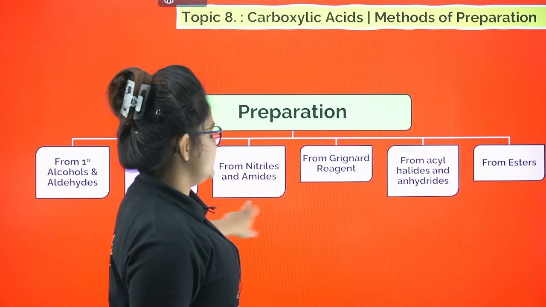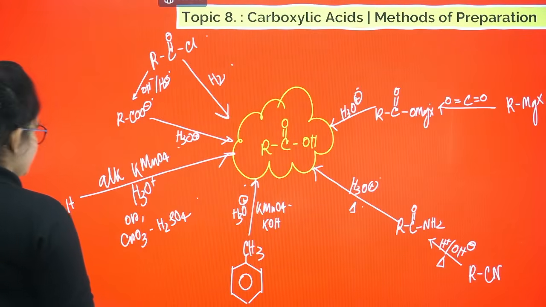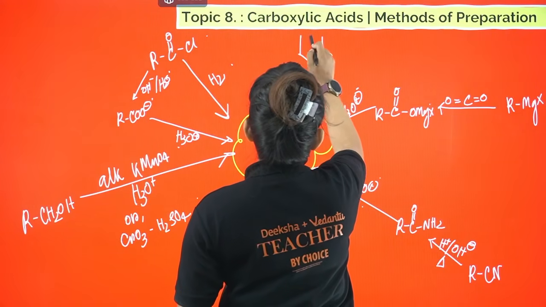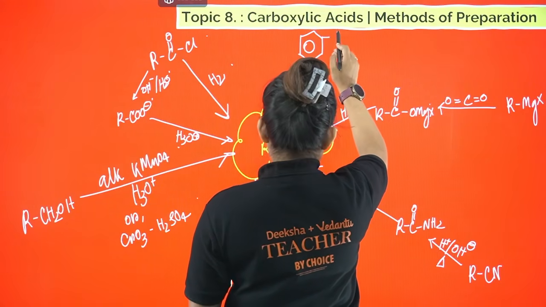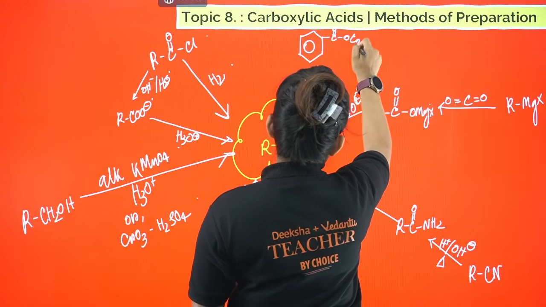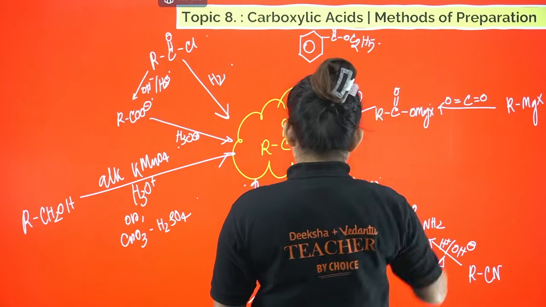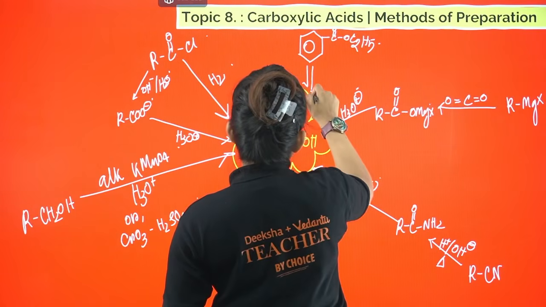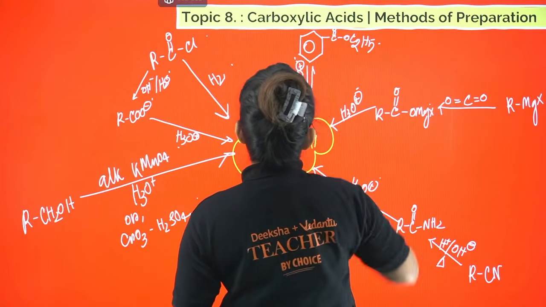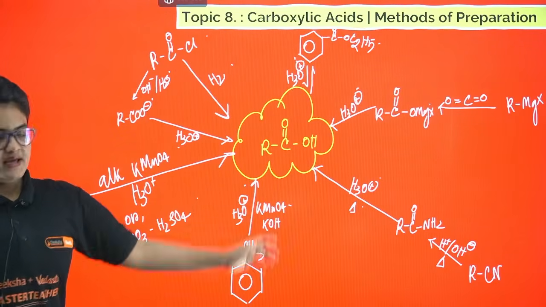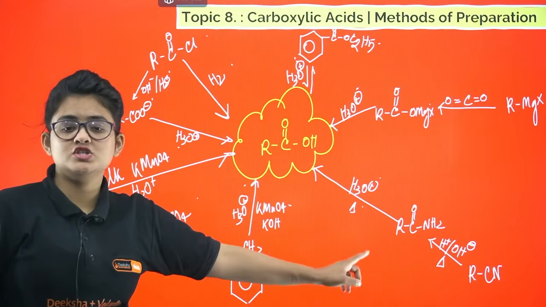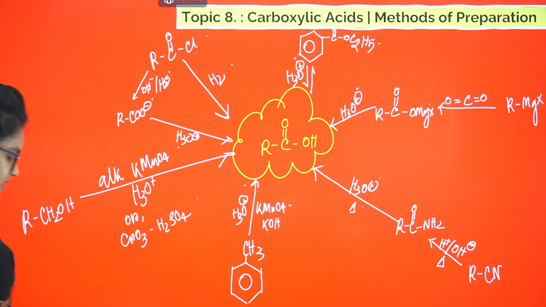From ester. Let's say I'm having benzene COOC2H5. Simply H3O plus will work here. It will give you the acid. I guess it's clear to you. This is the entire preparation of carboxylic acid. Okay, let's proceed.